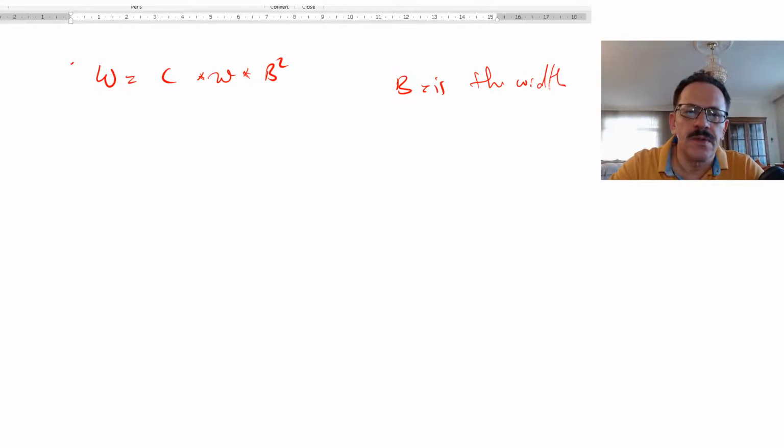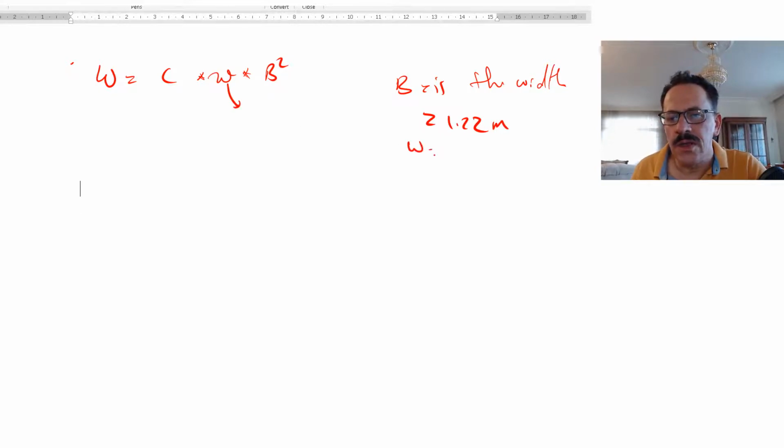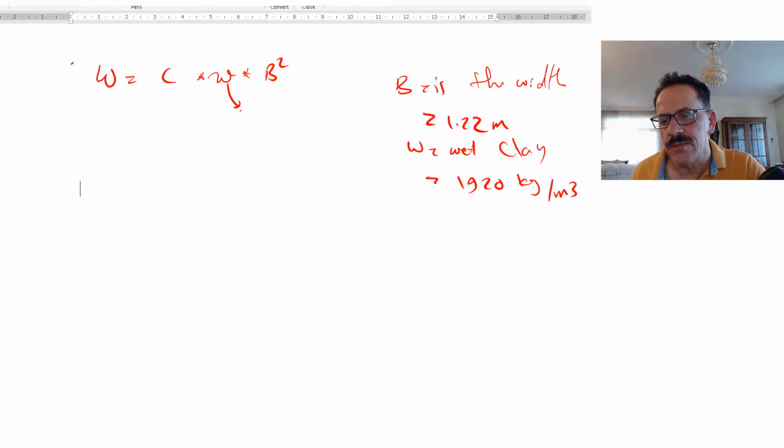Remember that B is the width of the trench, and it's equal to 1.22 meter. Now the omega, because it's a wet clay, is equal to 1920 kilogram per meter cube.